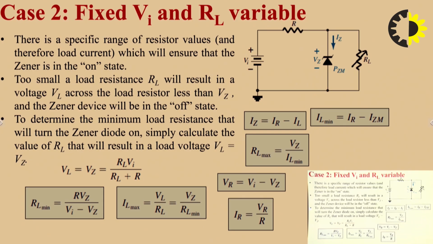For case 2 and case 3, we will assume that the Zener diode is active. We will assume that the Zener diode is no more in the ideal state.